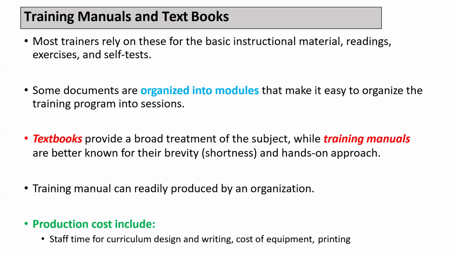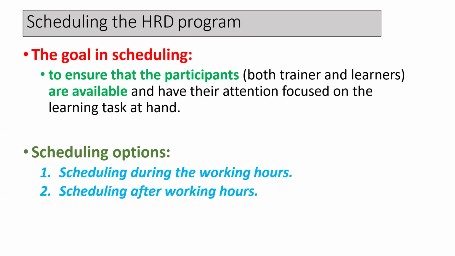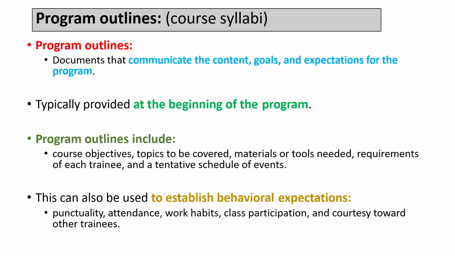We can recommend textbooks if required, and training manuals can be prepared. If there is no training manual or textbooks needed for the training, obviously we need to find textbooks from the libraries. What are the relevant reading materials that can be recommended for this training, right?